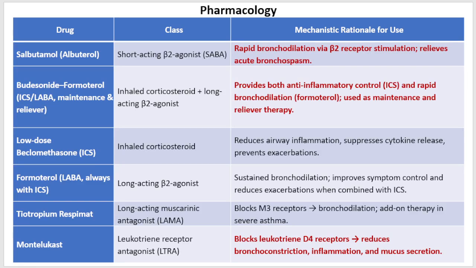When symptoms are more persistent, long-acting beta-2 agonists like formoterol, always paired with corticosteroids, help maintain control. Add-on therapies such as tiotropium, a muscarinic antagonist, further open the airways in severe cases. Meanwhile, montelukast, a leukotriene receptor antagonist, can also be given, which blocks chemical signals that drive inflammation and mucus production.